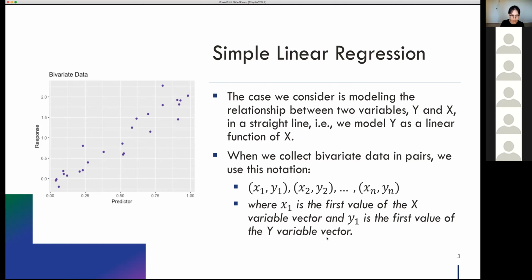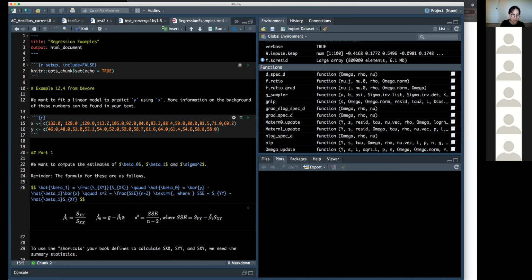So basically, in R, maybe I'll show you right now, you will have two vectors. This will be an example we'll focus on later, but this is what the data looks like in R. You have a vector of X variable and a vector of Y variable.